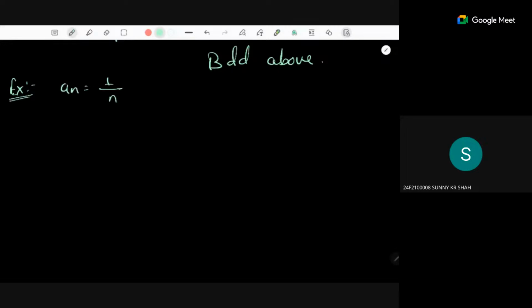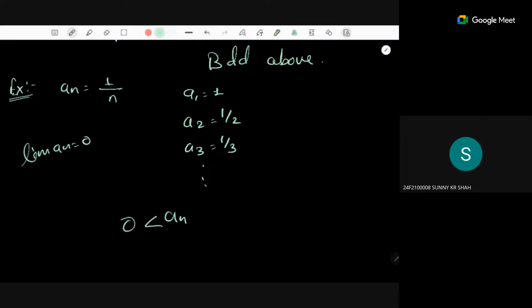Okay. So, here you observe that the value of a1 is 1, the value of a2 is 1 by 2, a3 is 1 by 3, and so on. Right? And here we know that the limit of an is nothing but 0. So what is happening here? The value of an is actually greater than 0, but it is less than or equal to 1 also. Right? So this 1 will work as capital M and this 0 will work as small m.